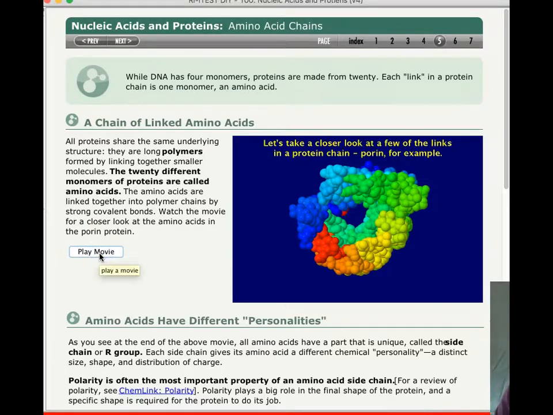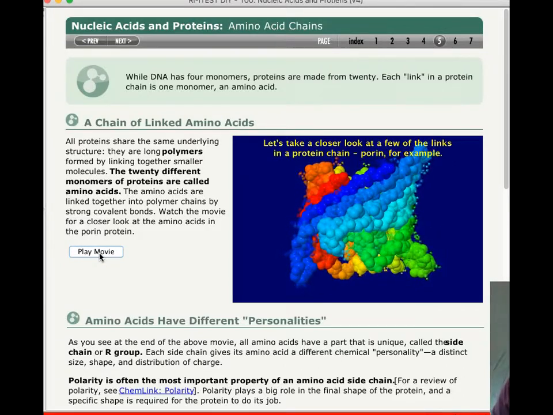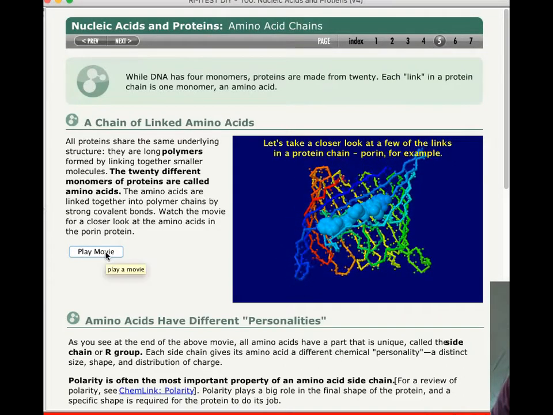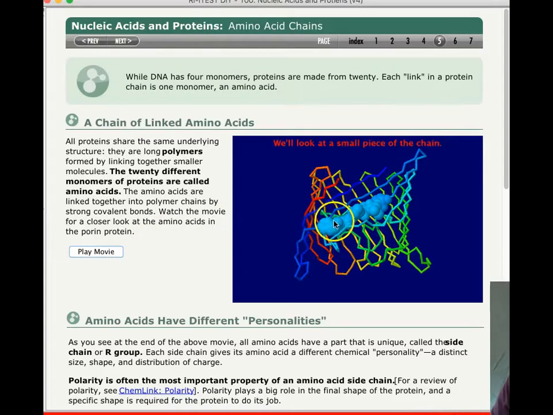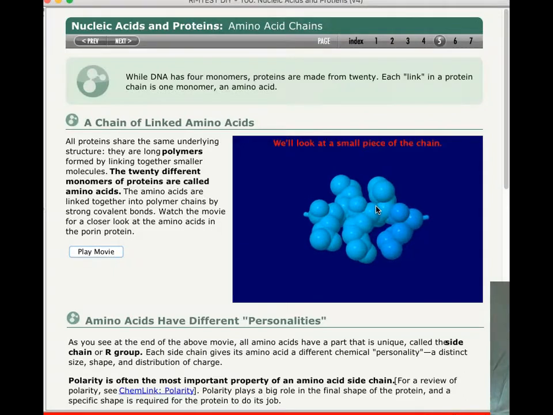So let's play this movie and take a closer look at the links in a protein chain. We're going to look at porin, and we're just going to look at a small piece of the chain, just a few amino acids stuck together. So there's 5 amino acids in just this little part of porin that we're looking at.